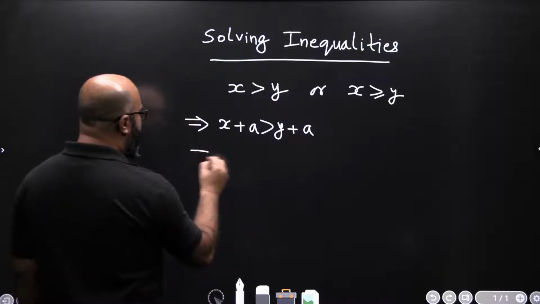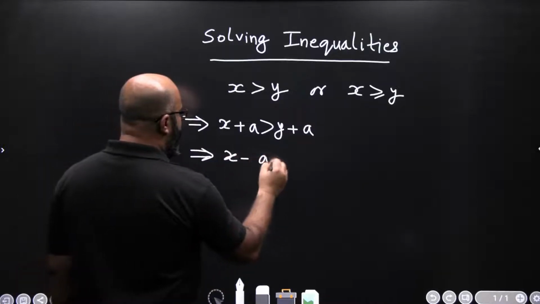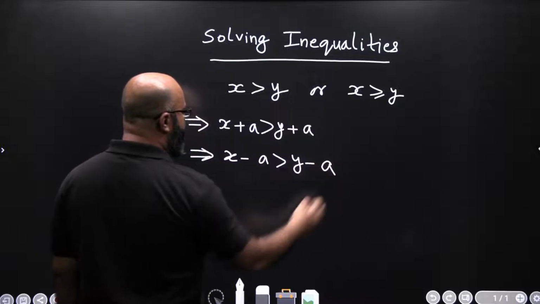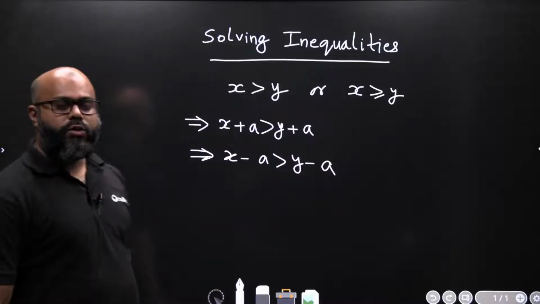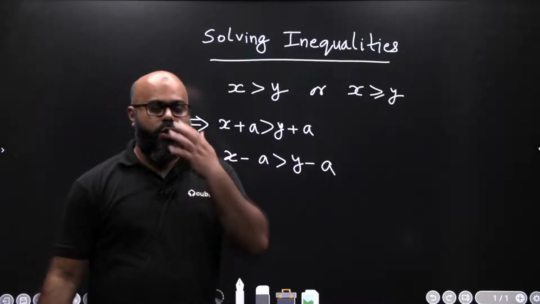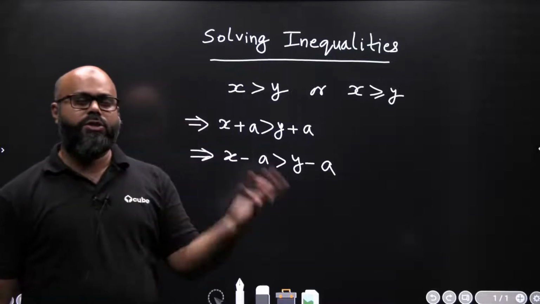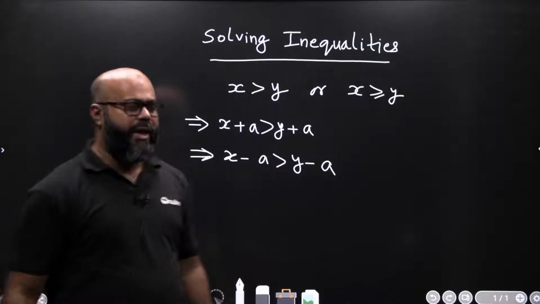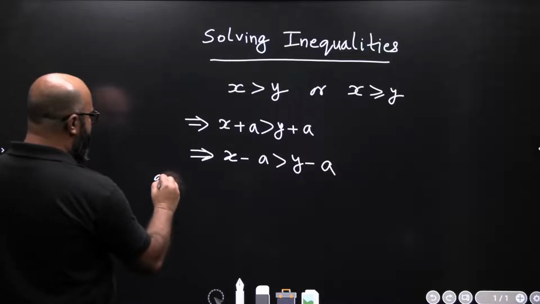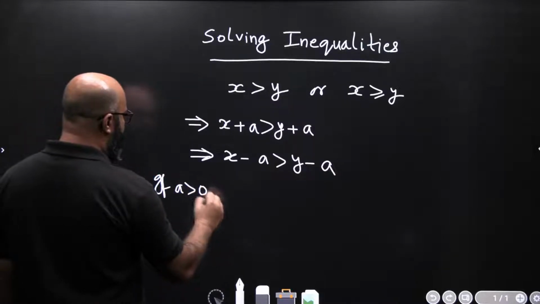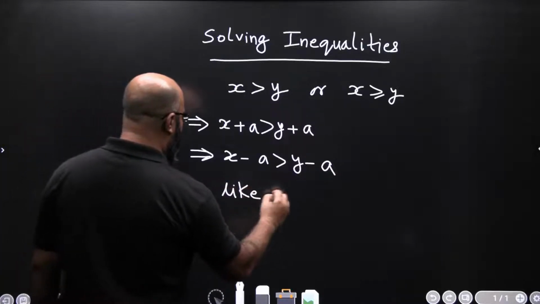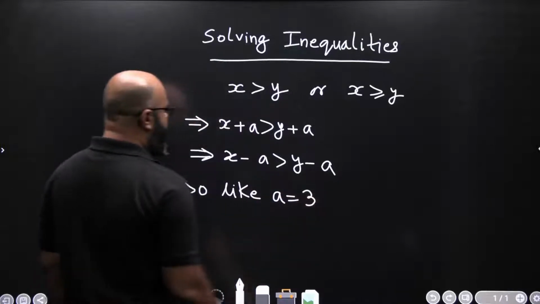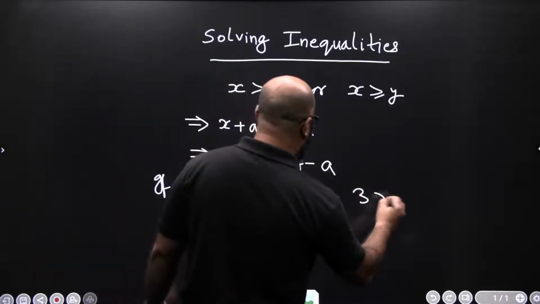If you subtract a, where a is a positive number, then also it won't change. What about multiplication? On multiplication, what happens? It depends upon a with which we are multiplying. If a is greater than 0, like if we take a equal to 3, can we say that 3x is greater than 3y?